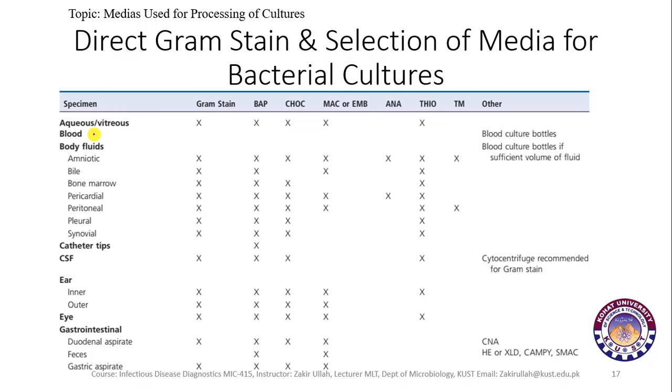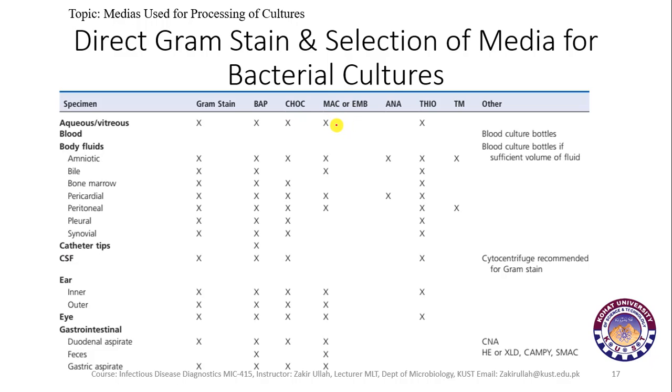The first of these specimens is the aqueous or the vitreous blood. If blood is collected and received at the microbiology lab, the gram stain is performed for this type of sample, and then it is inoculated on blood agar as well as chocolate agar for the fastidious organisms.